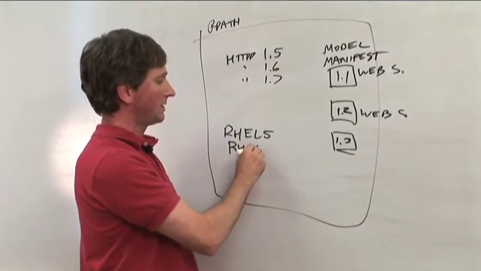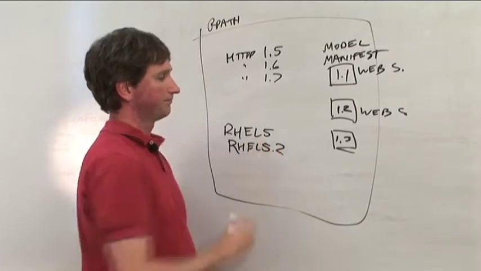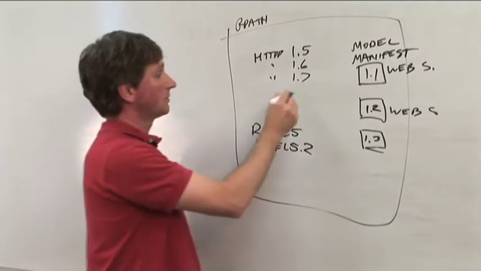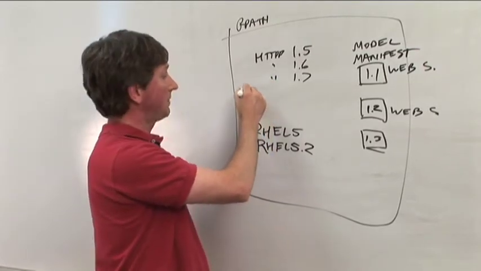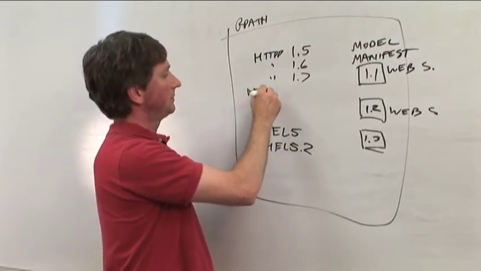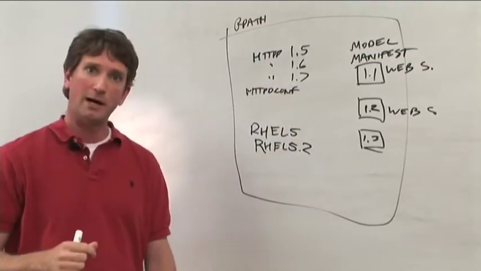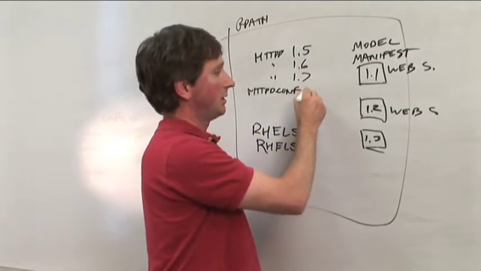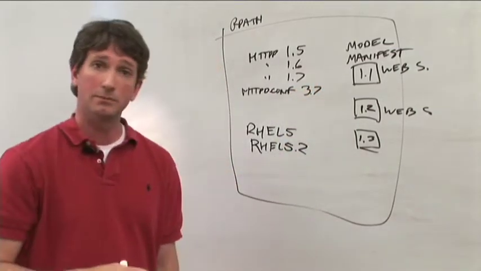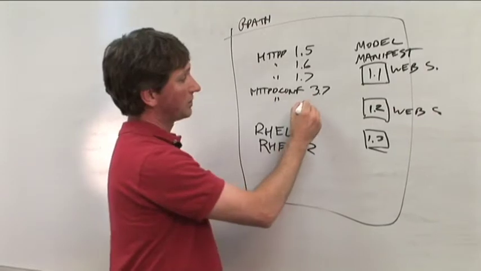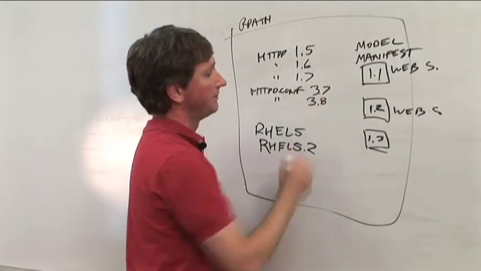Here's Red Hat Enterprise Linux 5.2. I might have different configurations. So the config file for Apache, I might have httpd.conf. I've stored a particular config file that I like and gave that a version number of 3.7. And then 2 weeks later, I changed it a little bit. So I have the same config file, but now we're storing a different version of that, say 3.8.